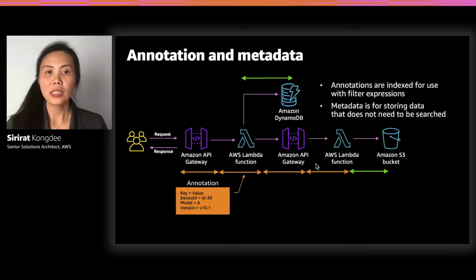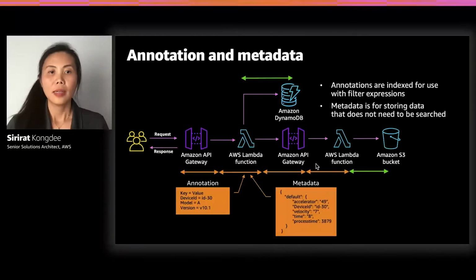You use annotations to record data that you want to use to group traces in the console. Metadata are key-value pairs with values of any type, including objects and lists, but they are not indexed. You use metadata to record data you want to store in the trace, but not needed for searching traces.